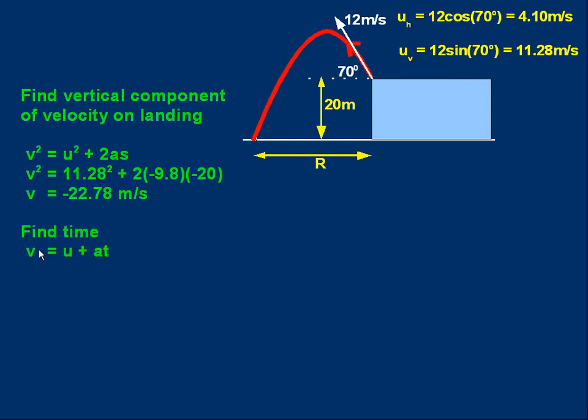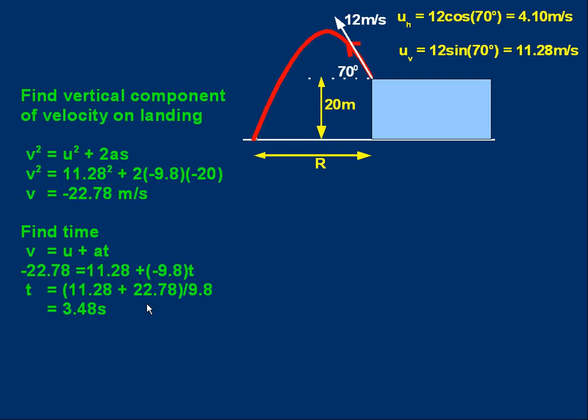Again, just considering the vertical velocity, the final velocity when it hits the ground was minus 22.78. The initial vertical velocity was 11.28, and at will be minus 9.8 times t. And it's not a quadratic equation. We can just rearrange it and get 3.48 seconds, same as we got by solving the quadratic equation. So we know the hang time. There are two ways to get it.